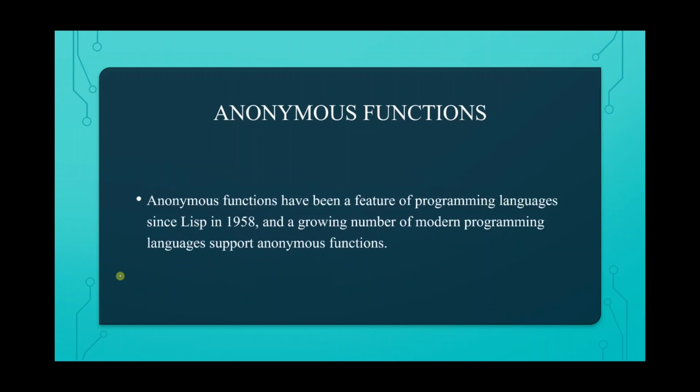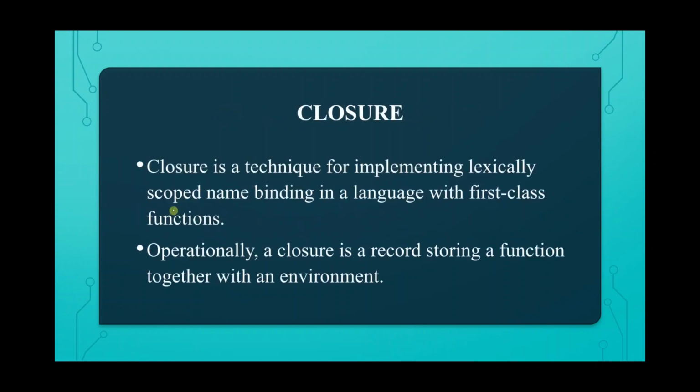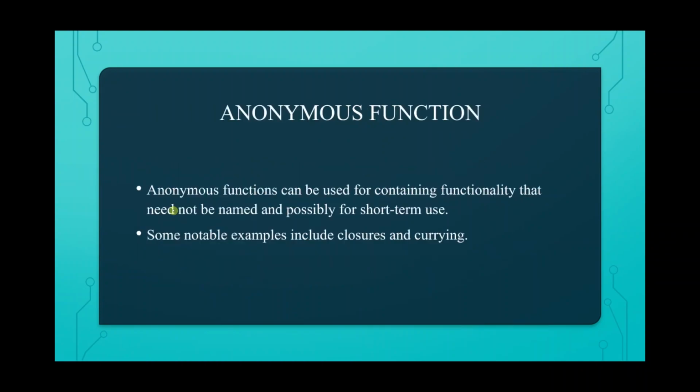Anonymous functions have been a feature of programming languages since Lisp in 1958, and a growing number of modern languages, as I said, Java, Python, and so on, support them.